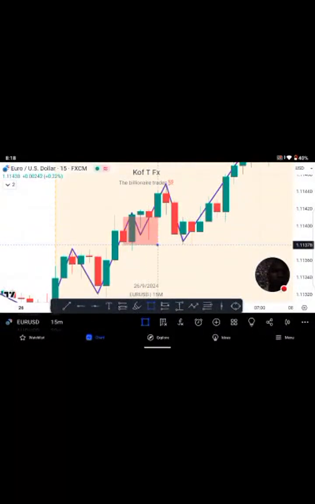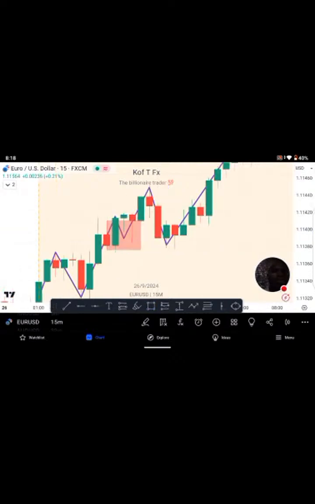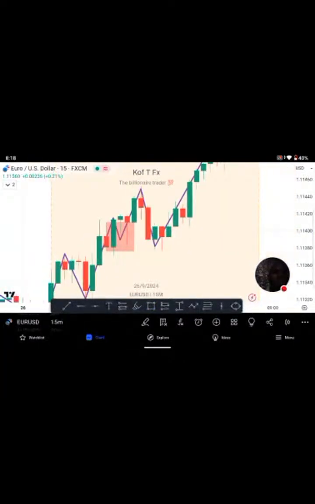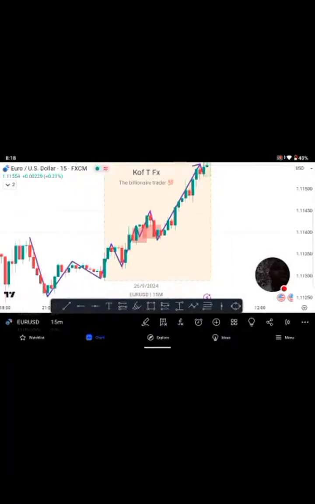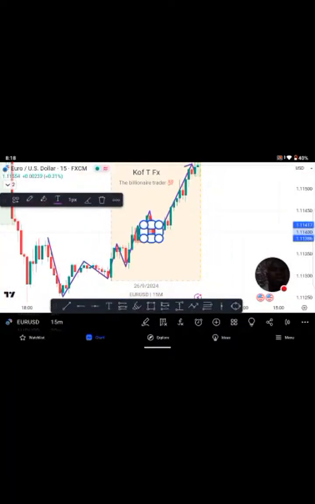Can you see? This one too. Like for this, I don't have a setup here. The structure is not what I can actually leverage on.